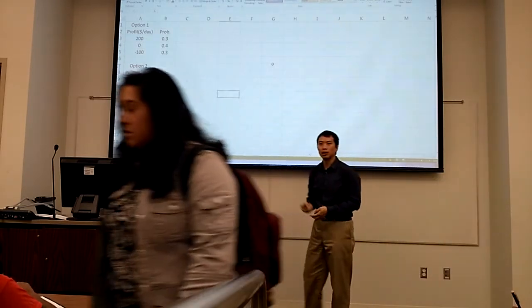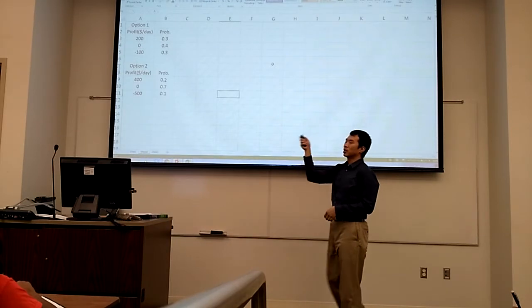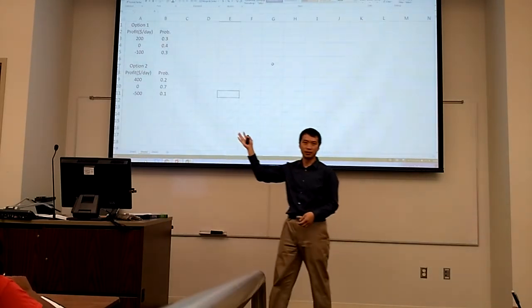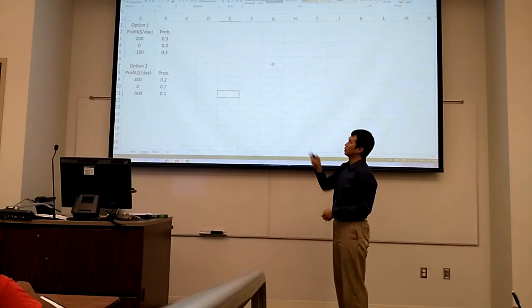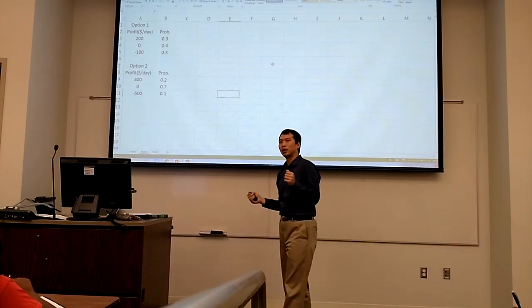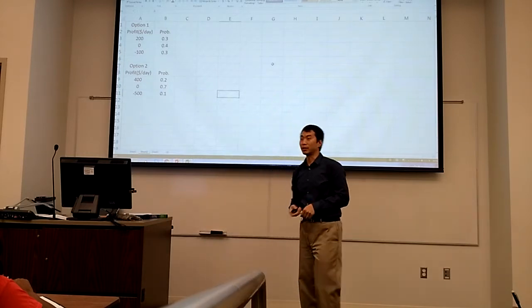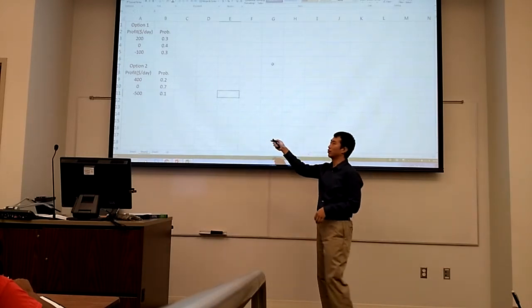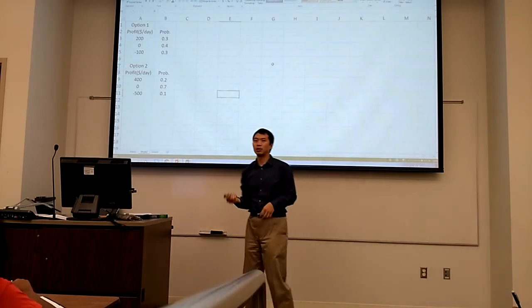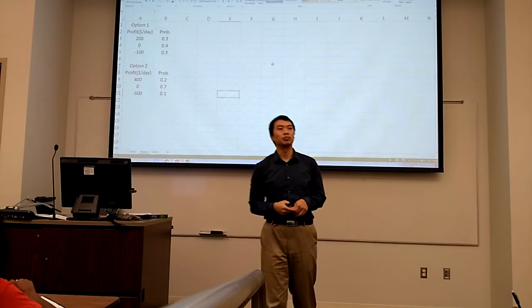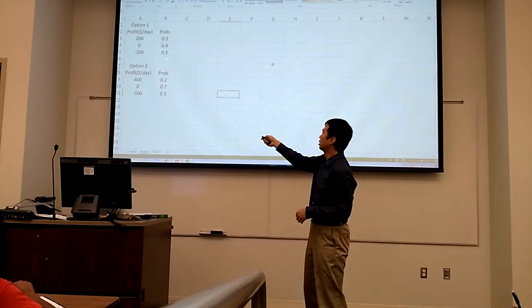This is one possible outcome, and the probability of making $200 per day is 30%. The second possible outcome is 0. I do not make money and I do not lose money either. That probability is 0.4. And the third possible outcome, negative 100: I would lose $100 per day, and the probability is 0.3.